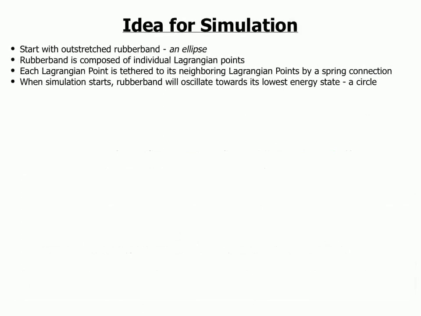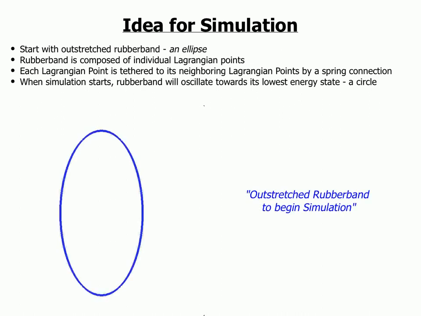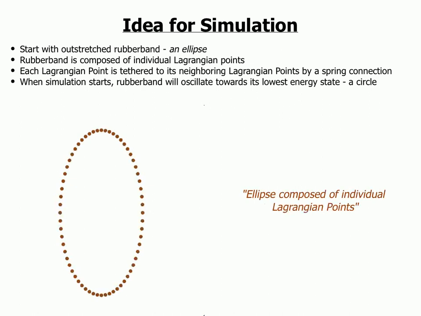So let's quickly review what our goals are for this simulation and how we hope to achieve those. We want to start with an outstretched rubber band. In other words, we're going to start off with an ellipse. But mind you, this ellipse has to be composed of individual Lagrangian points.